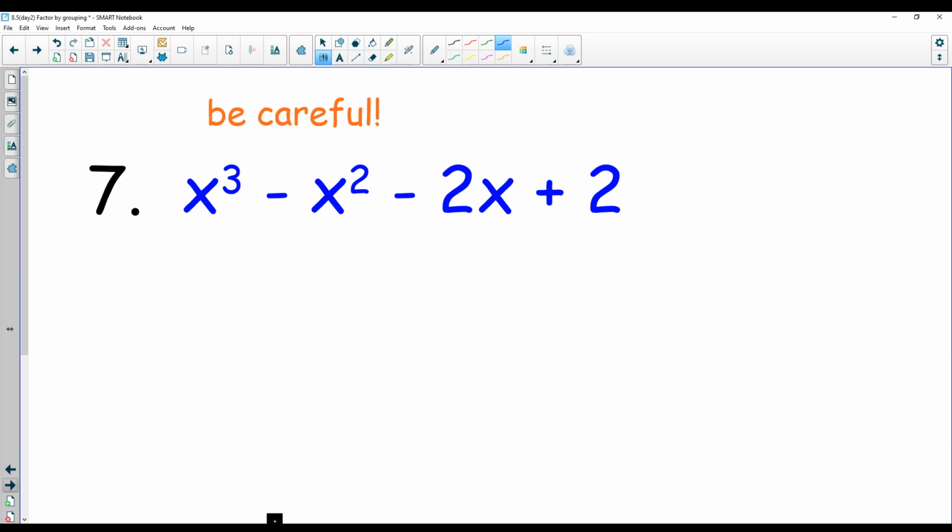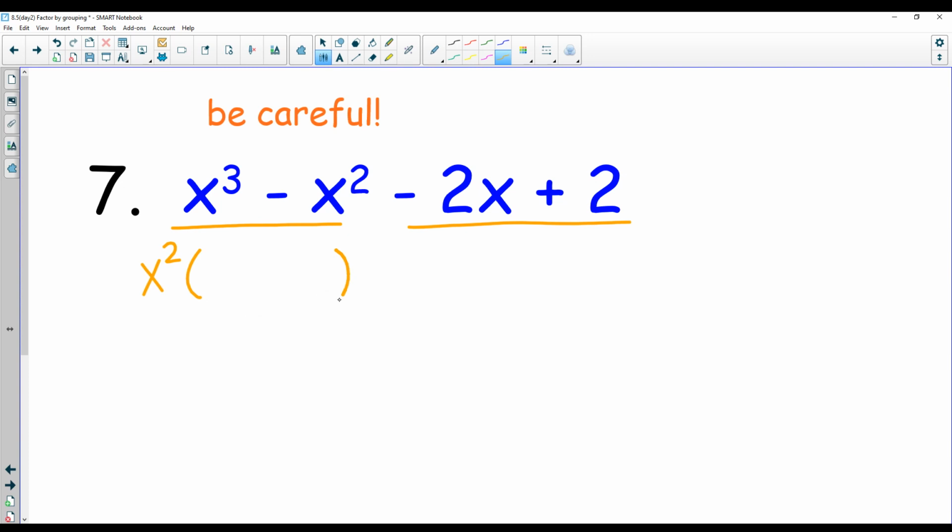This one says be careful. So as we go through, we're going to have to figure out what might be tricky about this one. If I look at all the terms together, I do not have a greatest common factor, but I can group these two and these two. So factor by grouping. Here, the greatest common factor is not x, it is x squared.